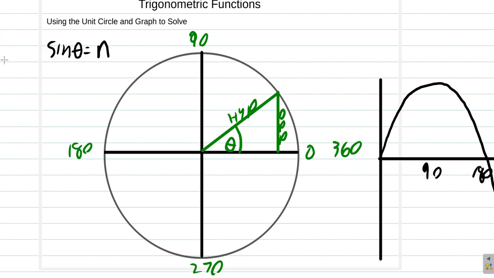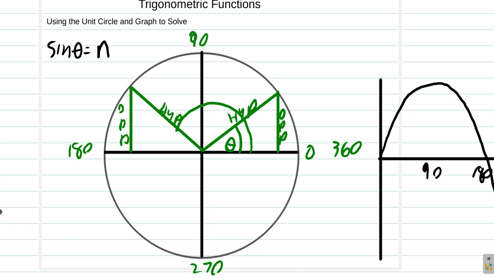Alright? Now, here, if we consider this other triangle, this is our opposite here, and this still remains our hypotenuse. The hypotenuse is the radius of the circle. We're going to get the same value. But remember, the new angle, we must measure it from 0 in an anti-clockwise direction.